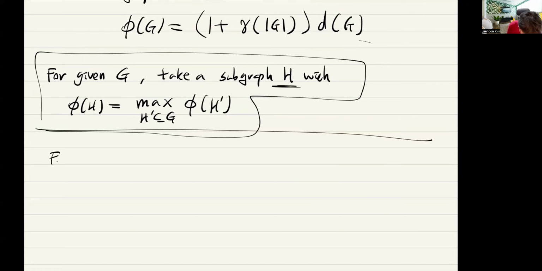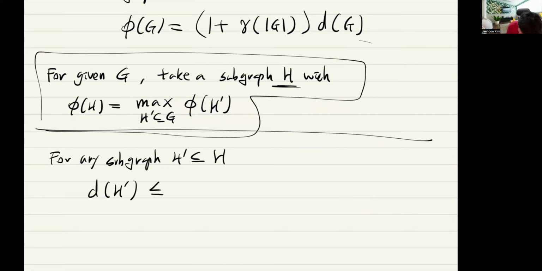And what happens is that for any subgraph H prime of H, we have that the degree of H is at most this.